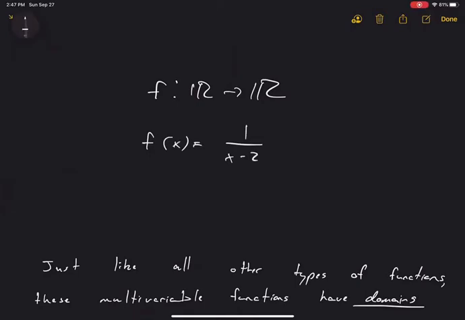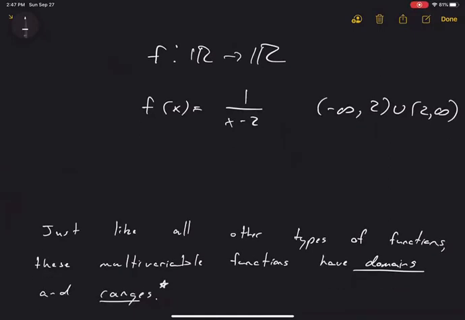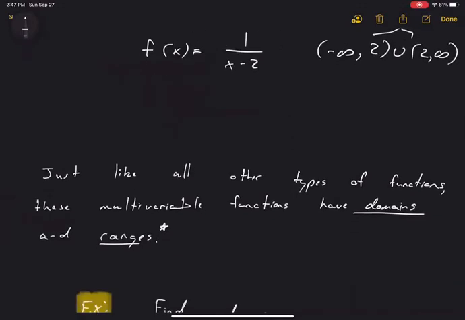What's its domain? And if you recall how to do that, you would see that the domain is everything except positive 2. These are all the points where this function makes sense, all the values we can actually plug into our function and get a meaningful result.